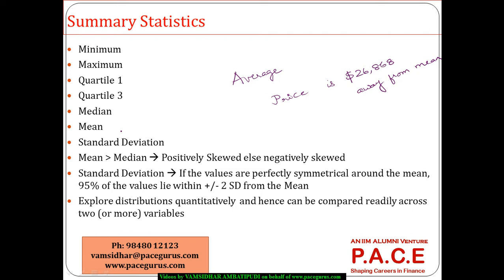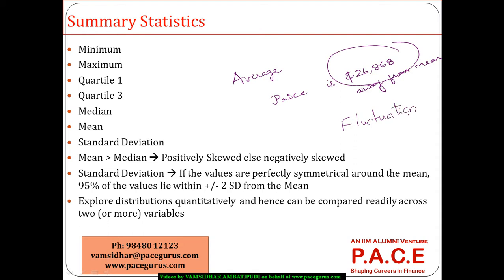What we are simply saying using the standard deviation is that on an average I see the fluctuation is around $26,868 from the mean.